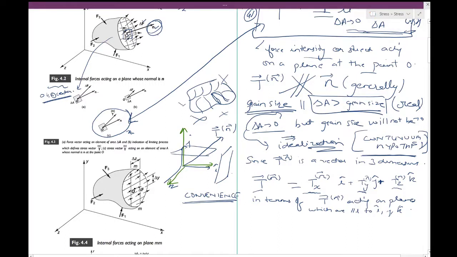Now the objective is that it can be written in terms of tractions acting on planes which are parallel to this. So this is on a plane which is parallel to the j axis, this is on a plane which is parallel to the y-axis, and you can have a third axis as well. So you want to write this Tn in terms of these three green vectors because it will be convenient. And that is what we will try to achieve now.